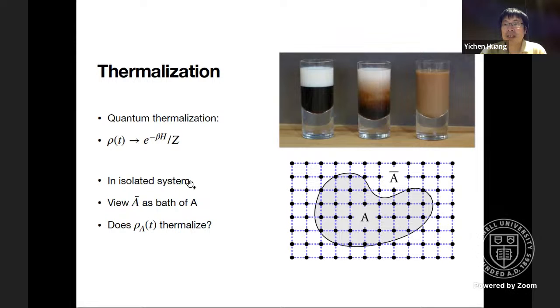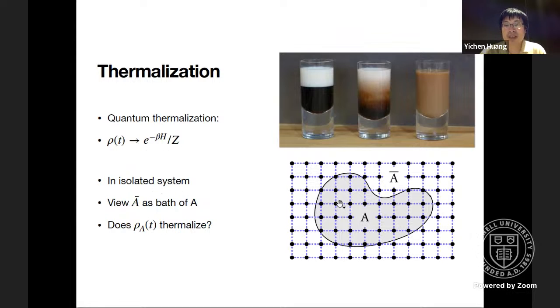In this talk, we will focus on an isolated quantum many-body system. In such a system, the dynamics is unitary. If the system is initialized in a pure state, then the unitary dynamics always gives you a pure state at any time, so that it doesn't approach e^(-βH).